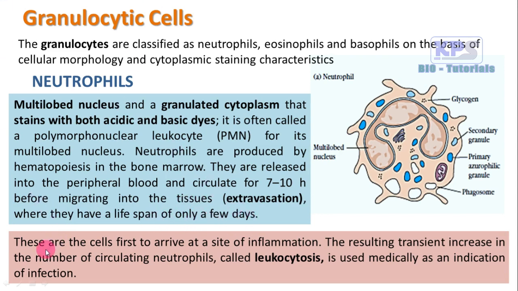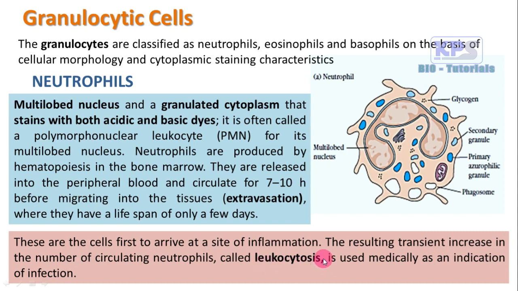Another important feature about neutrophils is that these are the first cells to arrive at the site of inflammation. If there is an inflammation, the first cell which arrives at the site is the neutrophil. The resulting transient increase in the number of circulating neutrophils is called leukocytosis.